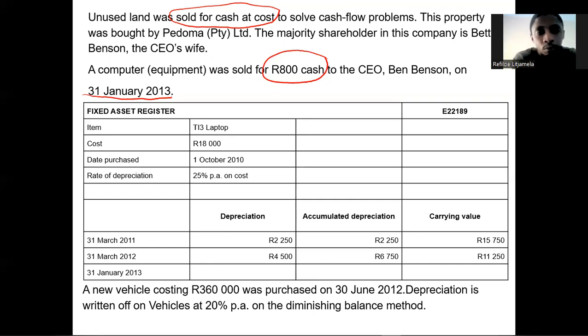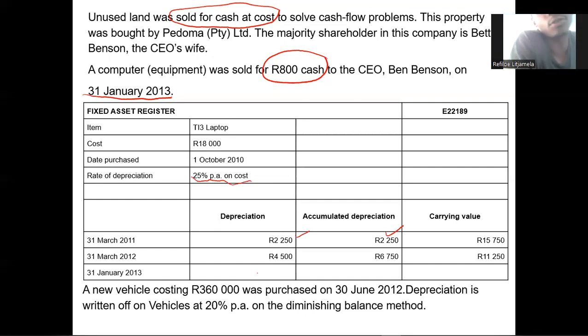They gave us the cost price of this equipment, which is 18,000. It was purchased on the 1st of October 2010, and the depreciation rate is 25% on cost. For the first year, depreciation is 2,250 and accumulated depreciation is 2,250.